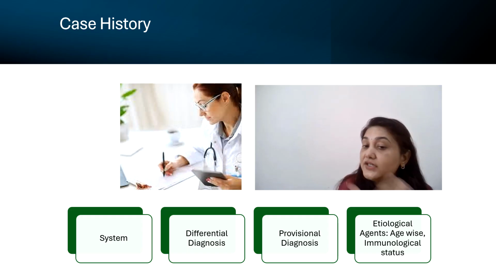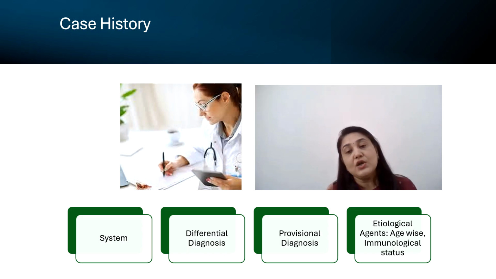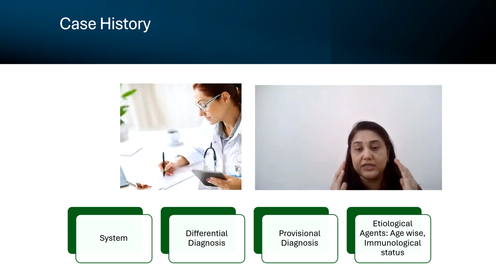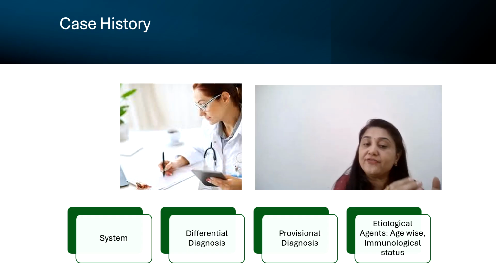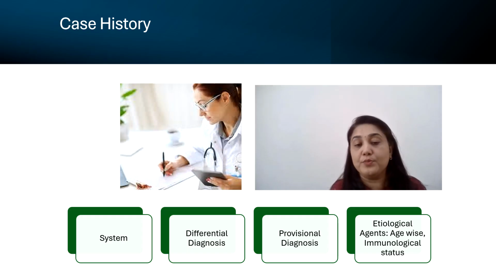So, which are the differential diagnoses in this case? This is a pediatric age group. The manifestation is of either meningitis or encephalitis, or raised intracranial tension. So there are different differential diagnoses one has to put.